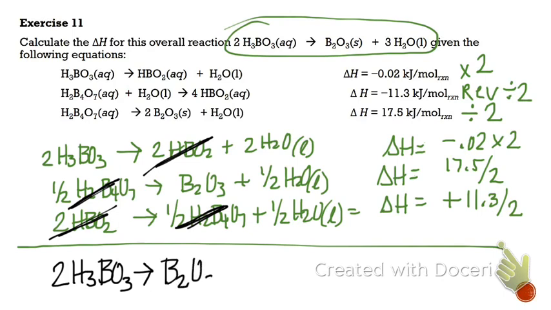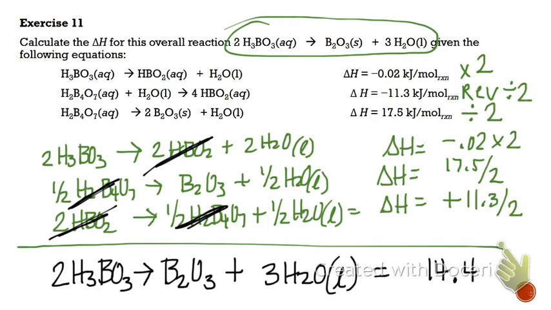And then all of my water is on the same side, so I'm going to add them together for a total of 3H2O. And then I'm going to do the math. And when I do the math, I get 14.4 kilojoules per mole of reaction, which would be an overall endothermic reaction.